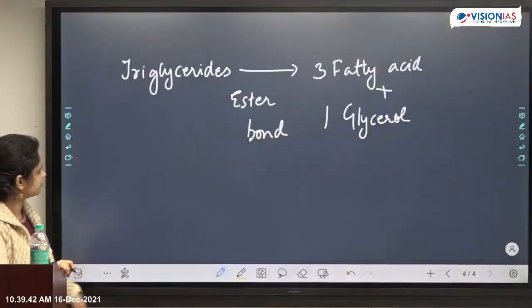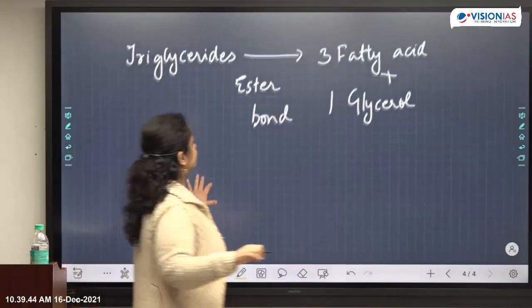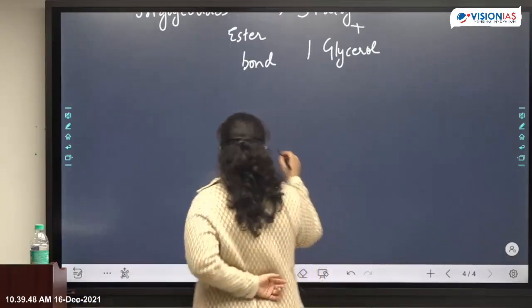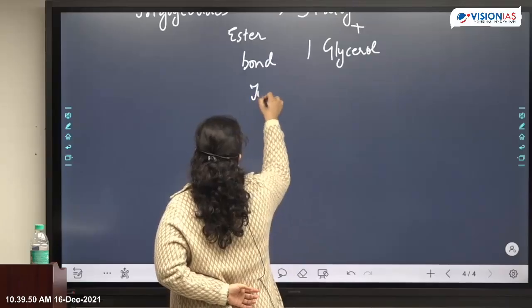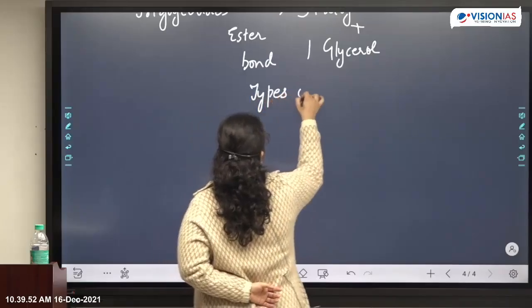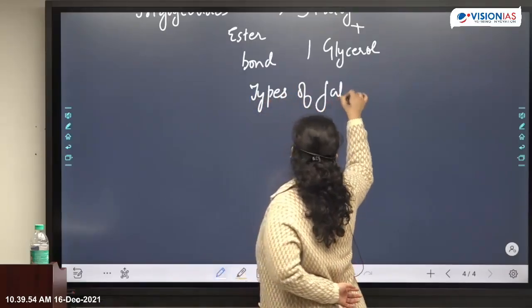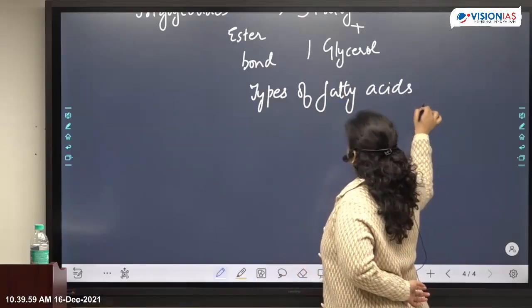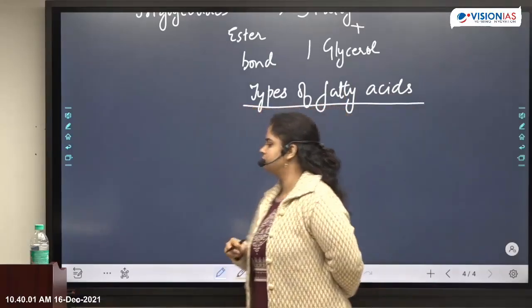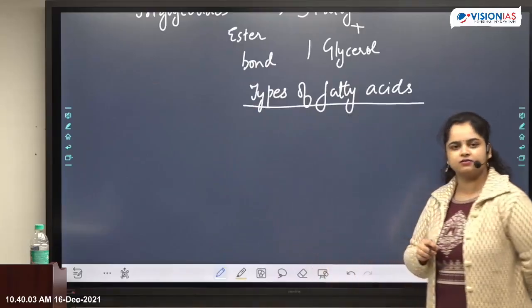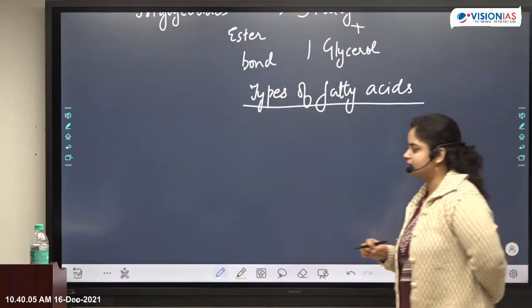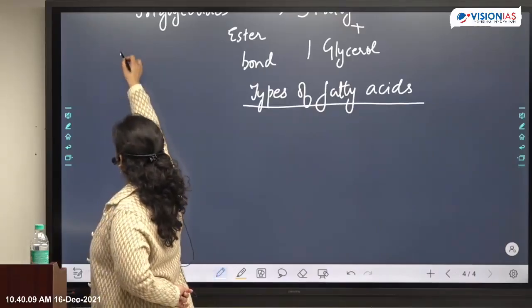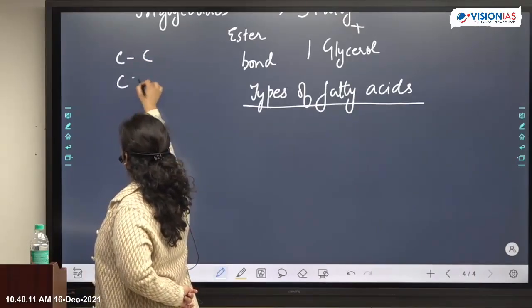So let's see how we are categorizing this. The basis of this is in the fatty acid. So we are talking about types of fatty acids. That will ultimately determine what happens to the fats. So types of fatty acids, we have to first talk about the bond structure.